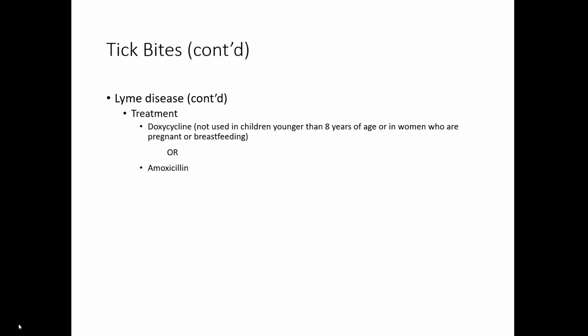Treatment is doxycycline or amoxicillin predominantly in children, whereas doxycycline is not used in children younger than 8 or in women who are pregnant or breastfeeding. The reason is that it can cause permanent discoloration of the teeth.